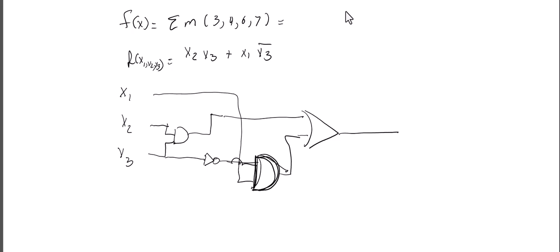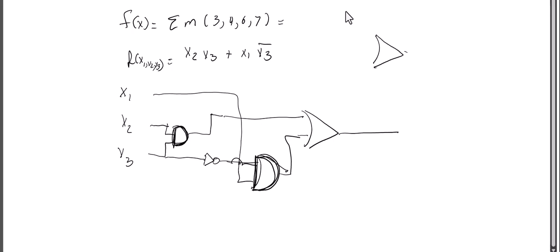And we want to turn this into all NORs. So a NOR can look like this. It can either have an OR and then a NOT, or it can be an AND where both inputs are NOT.